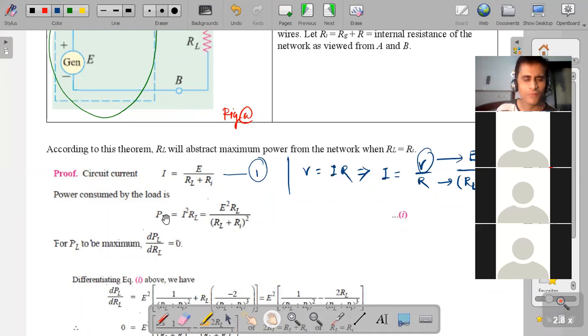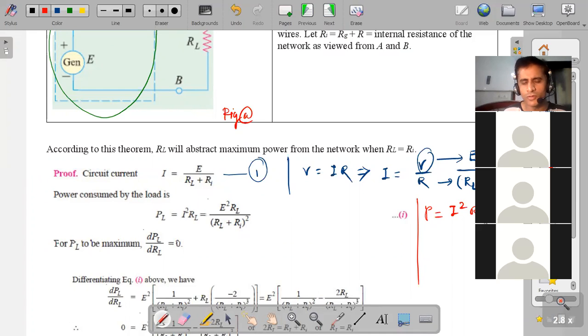Now, our aim is to find the power consumed by the load resistance. And we know that P equals, dear student, can I write I square R?